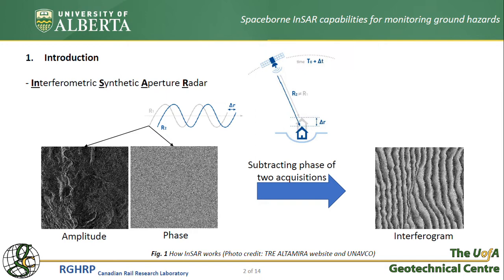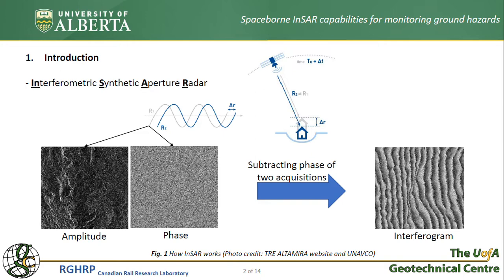But how does it work? The orbiting satellite constantly emits electromagnetic waves to the ground, which illuminates a footprint on it. Objects absorb and scatter some of it and reflect back the rest of the wave energy. Like any other waves, these waves also have an amplitude and phase. The amplitude component somewhat resembles aerial photographs, but the phase component consists of speckles.